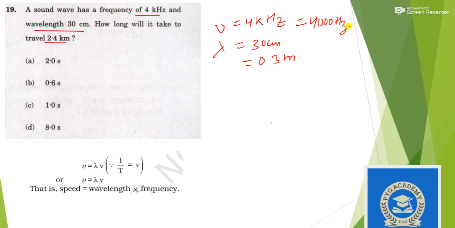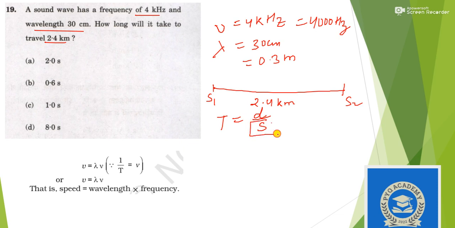Okay, suppose a sound wave is generated here, so what time will it take, suppose from S1 to S2 to reach, and the distance between the places is 2.4 kilometer. We have distance, we need the time, so we know the formula, time equals distance by speed.